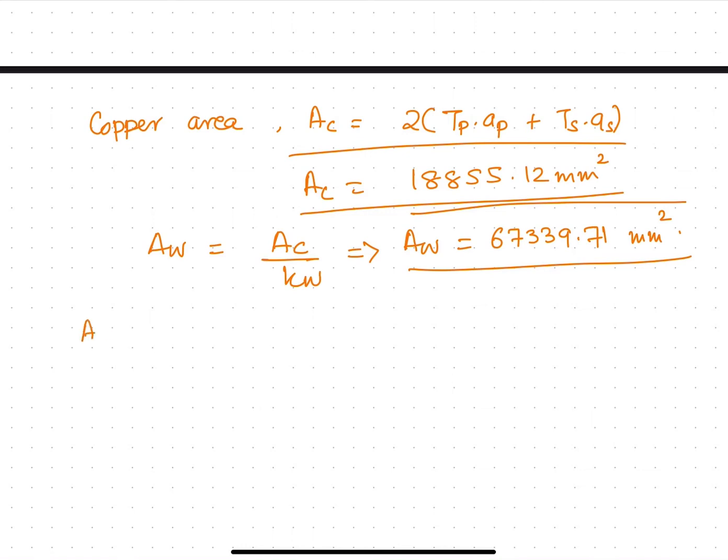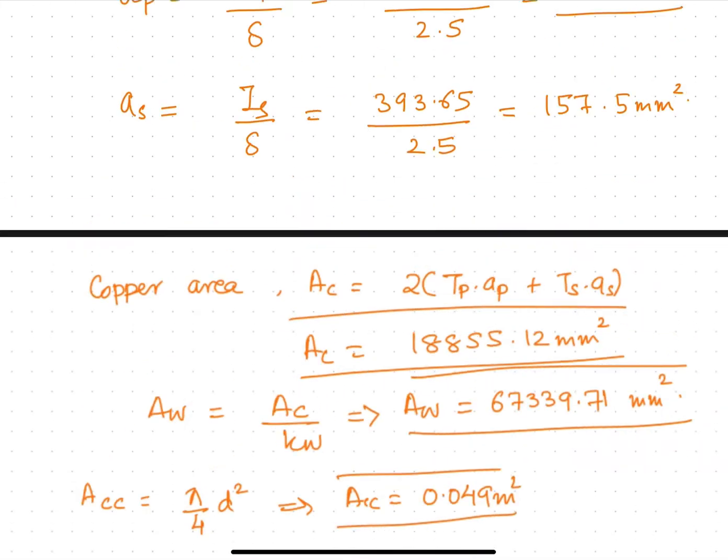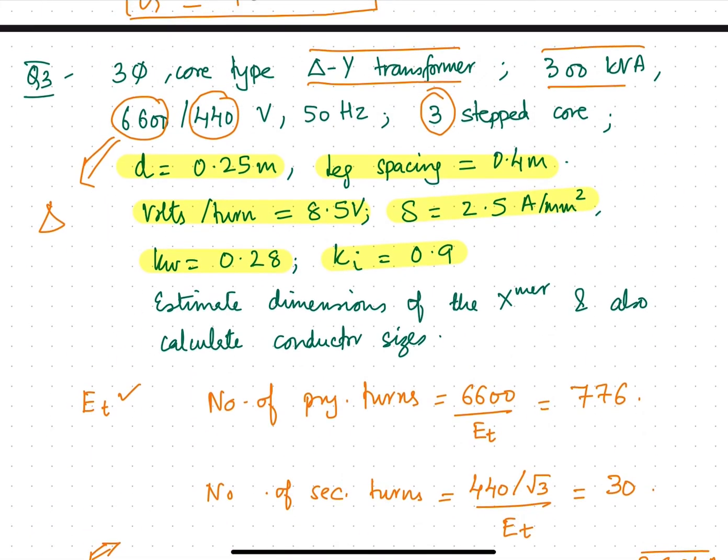Then you have the area of the circumscribing circle, which gives you the value 0.049 meters square, where this diameter d, small d, is given to be 0.25 meter.